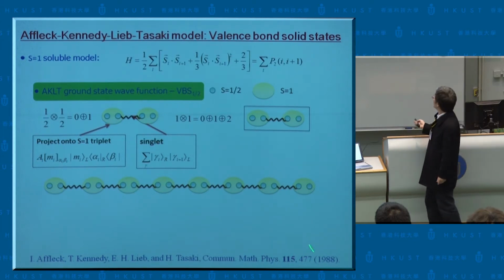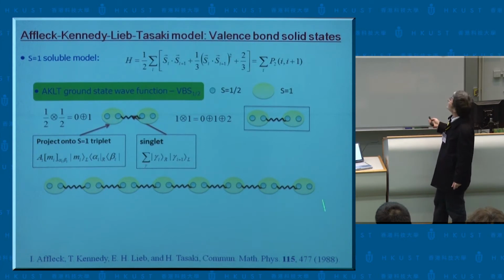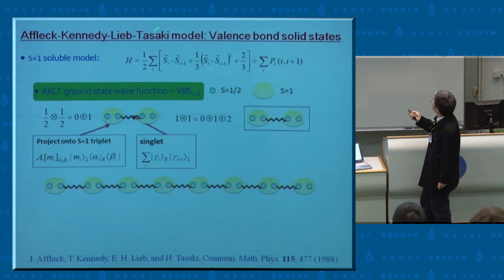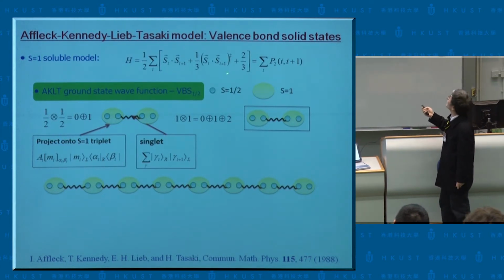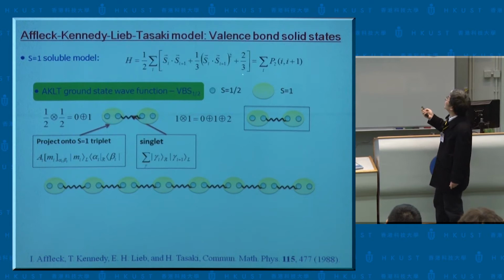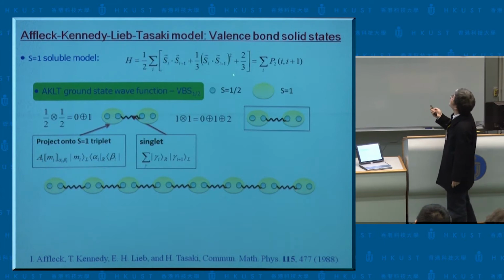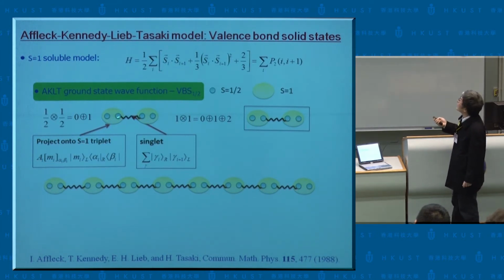So in 1988, Affleck, Kennedy, Lieb, and Tasaki considered such Heisenberg spin models. For this particular form of the model, they could solve it exactly. The strategy of their solution is the following. They divide the spin 1 operator into two spin 1/2.